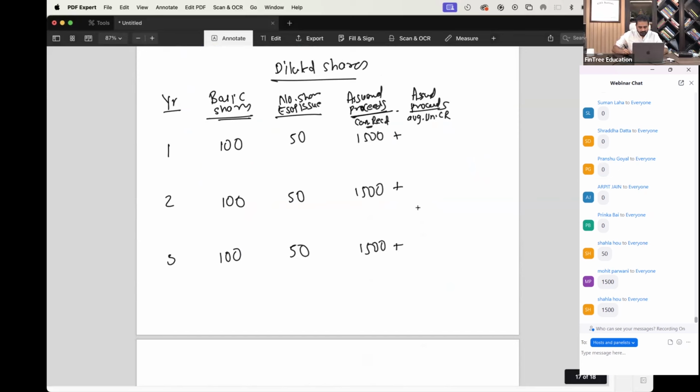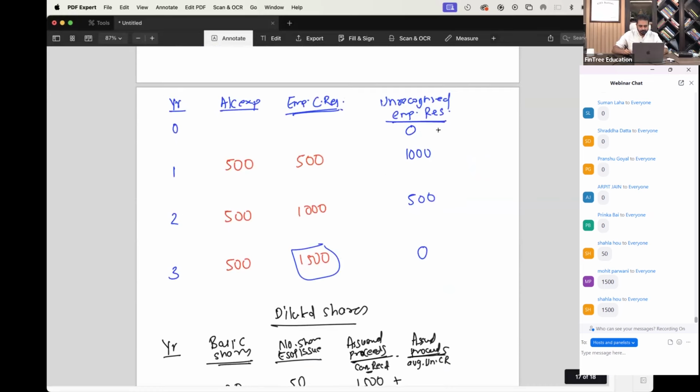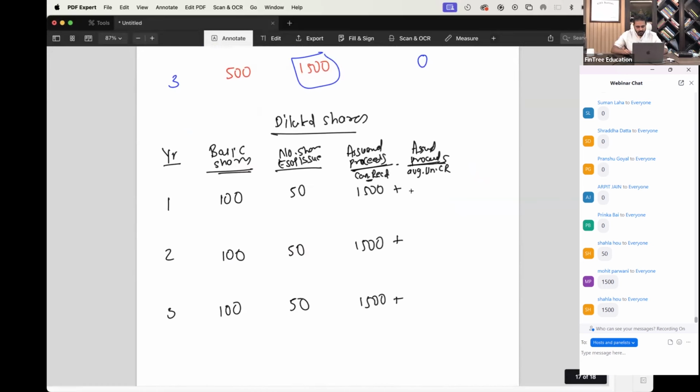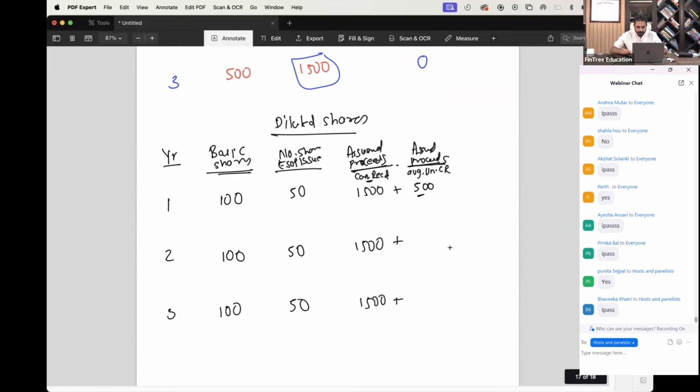But average unrecognized comp reserve, when I'm in year 1, I'm going to take an average of these two numbers. That's opening plus closing by 2. So average unrecognized comp reserve is 500.